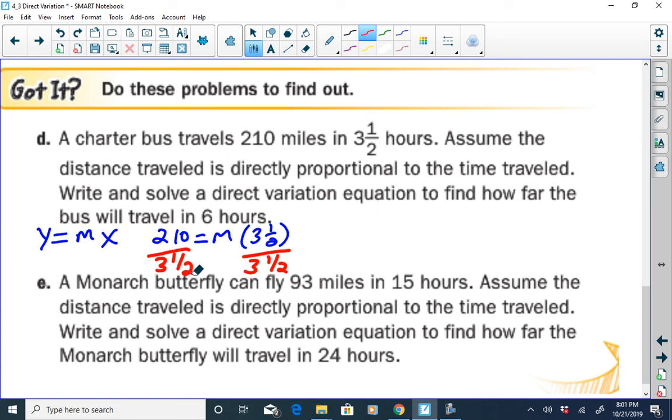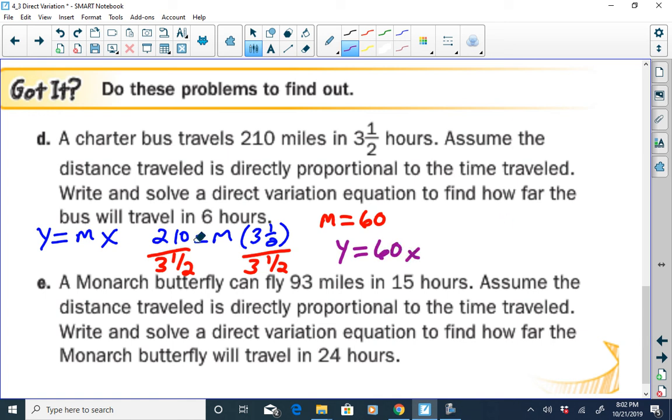And once we do 210 divided by 3.5, we wind up with 60. So we get a slope of 60. Now I want to use that slope of 60 to write the equation. So the equation is going to be y is equal to 60 times x.